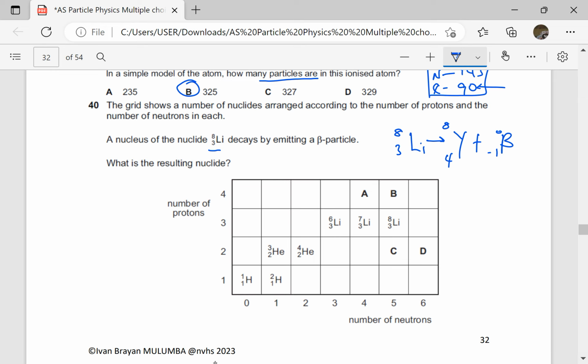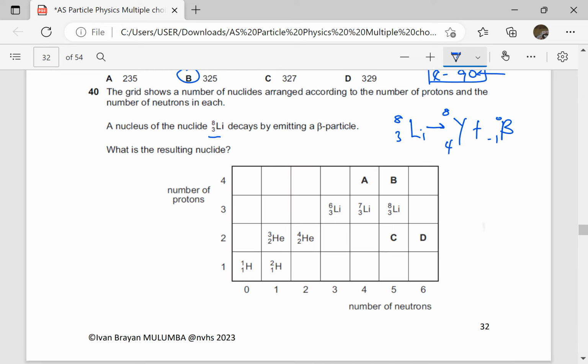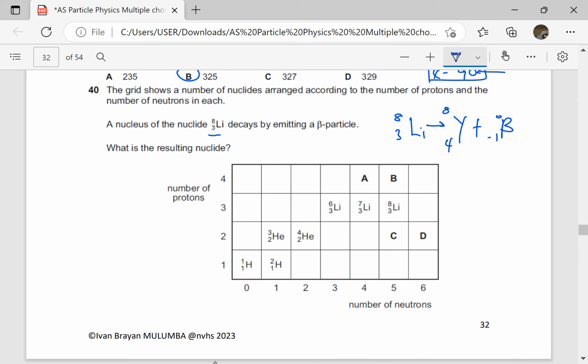The grid is given as number of protons against number of neutrons. The nuclide has 4 protons, so we are in this row here. And how many neutrons? Neutrons are going to be 8 minus 4, which is equal to 4. So we are in this column here. So the answer is going to be A.